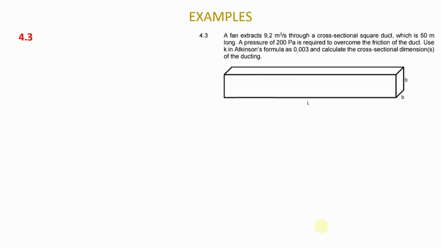So first, let us look at the equation that we will use. This is Atkinson's equation, but this one is the format where you have a flow rate. And we left out the other presentation of the same equation where you have velocity. The reason is that when you read this question, what you are given, 9.2 cubic meters per second, is a flow rate.